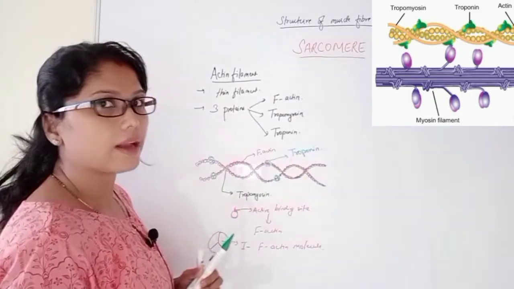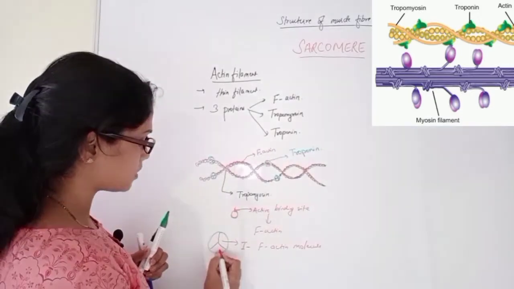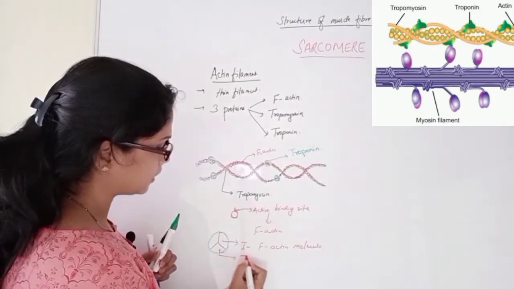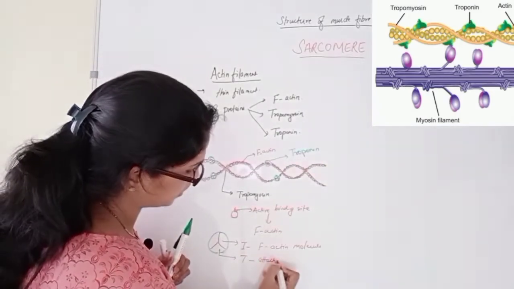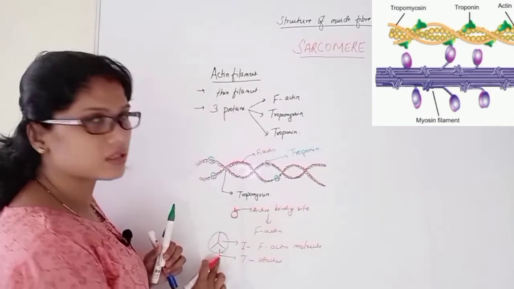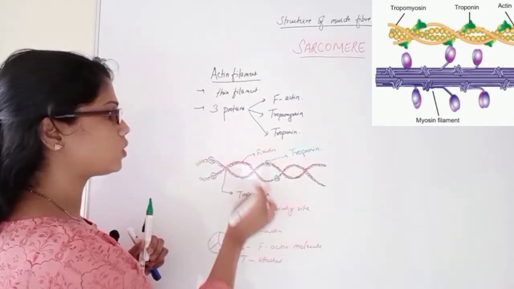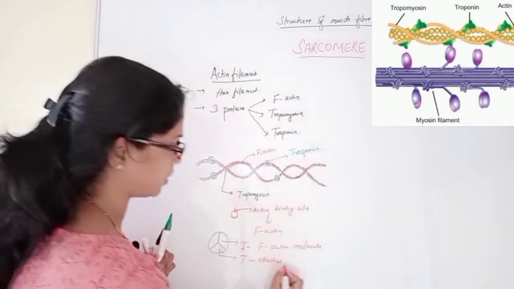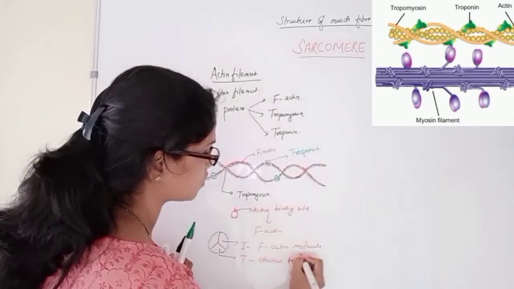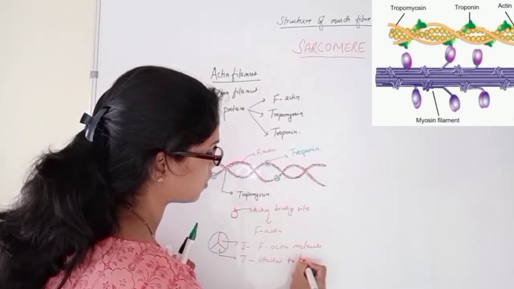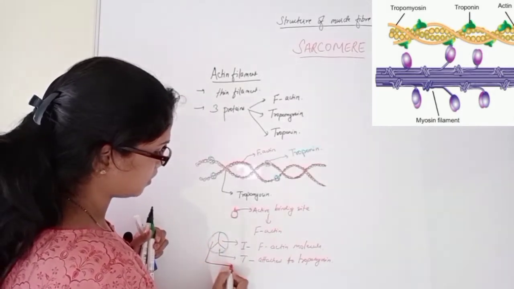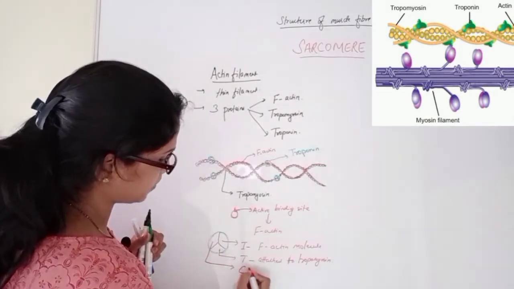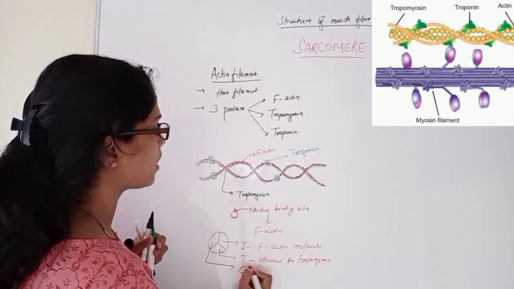The other subunit is T, which is attached to tropomyosin. With the help of this subunit, it gets attached to tropomyosin. And the last one is for attachment of the calcium ion.